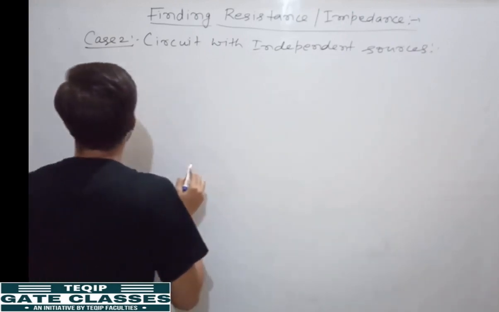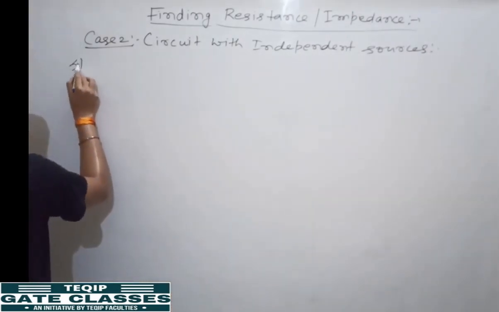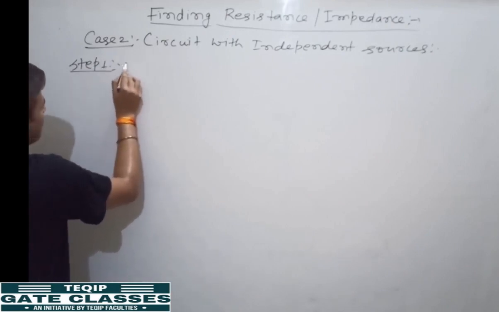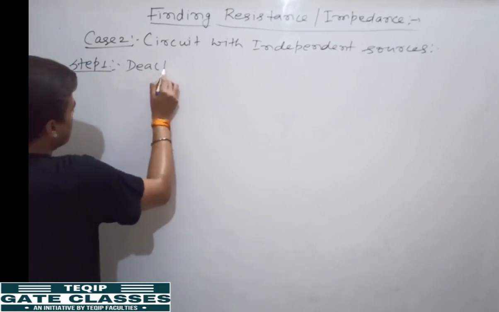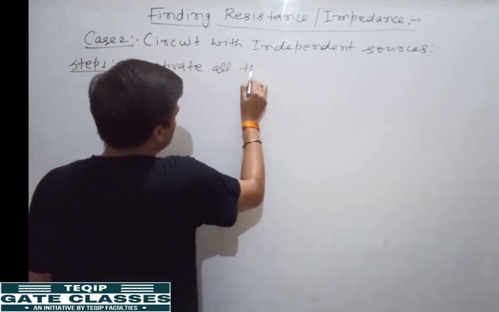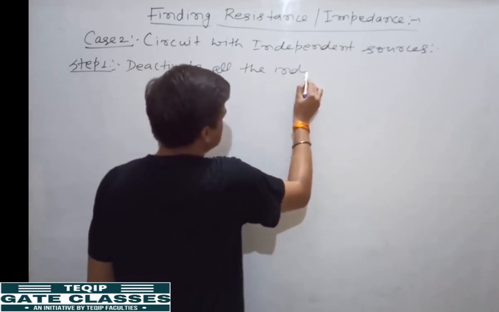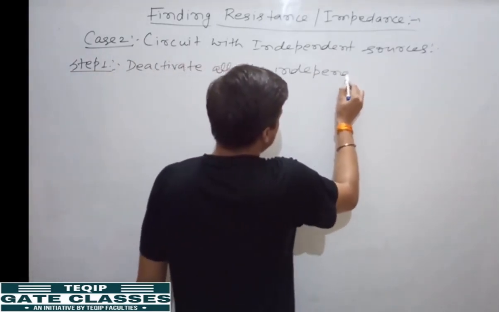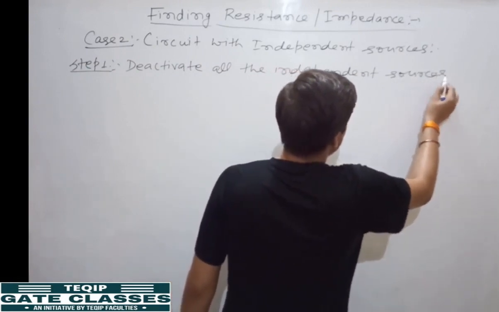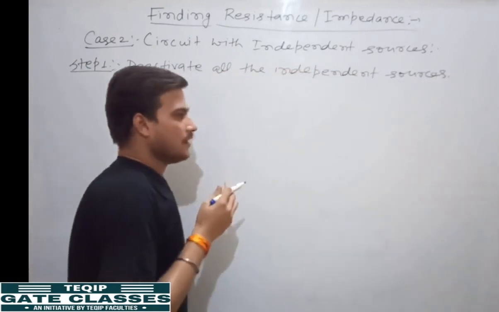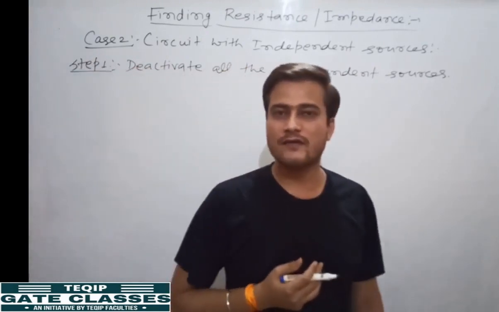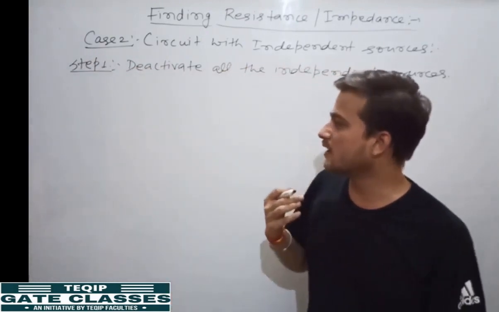So let us write the steps. Step 1 is deactivate all the independent sources. If independent sources are present in the circuit, you will have to deactivate the independent sources.